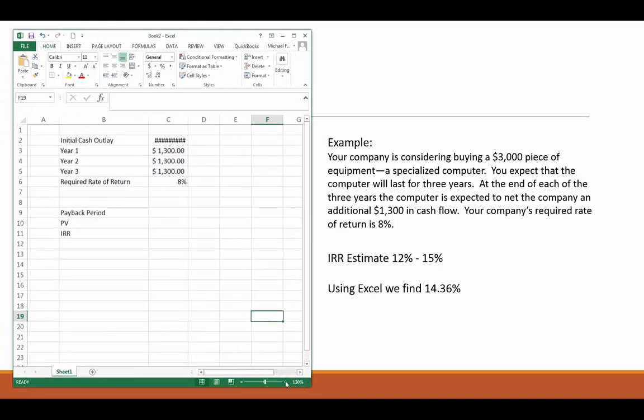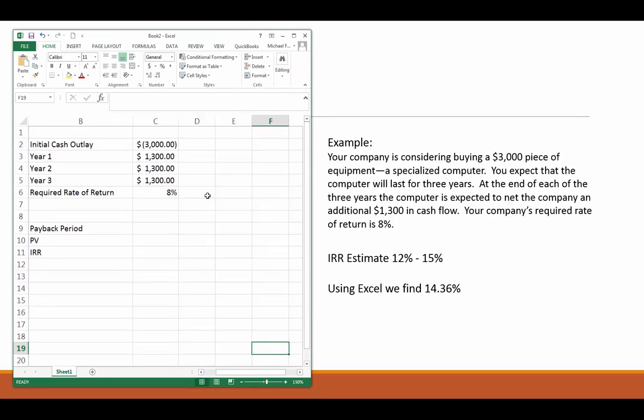And I will increase the font size. All right, so here we see our same example, an initial cash outlay of negative $3,000, meaning we paid out $3,000. That was the cost of the computer. And then a cash inflow of $1,300 at the end of year 1, $1,300 at the end of year 2, $1,300 at the end of year 3, and a required rate of return of 8%.